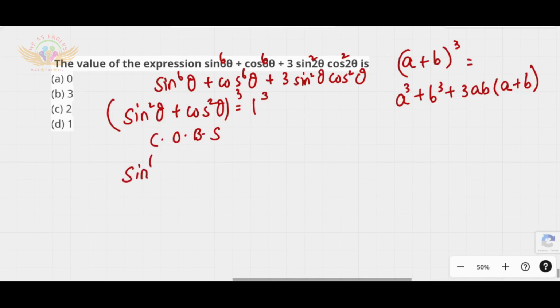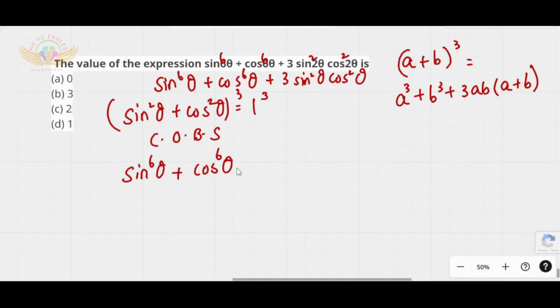So sine power 6 theta: sine square to the power cube will automatically be, 3 twos are 6, so I'm writing directly plus cos power 6 theta. Again, sine square whole cubed plus cos square whole cubed. Square is 2, cubed is 3, 2 into 3, so I got 6 as my power.